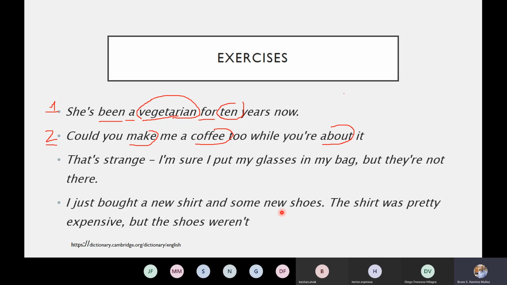Now, what do you think about this word, some? What do you think about this one? Because if you take off the some, it's the same meaning.